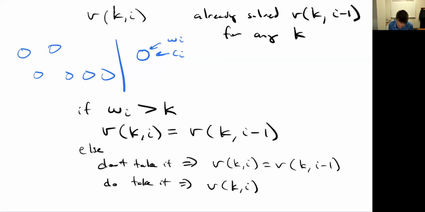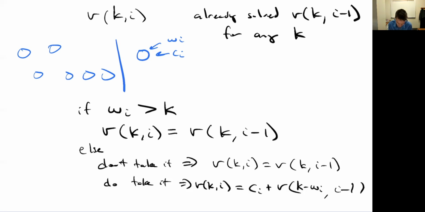The value is going to be the best I could possibly do with the capacity that is reduced now by the weight of that item and with one fewer item. So let's say that again. Let's say I take it. Oh, sorry, I missed something there. The best I can do if I take it is I get the cost.